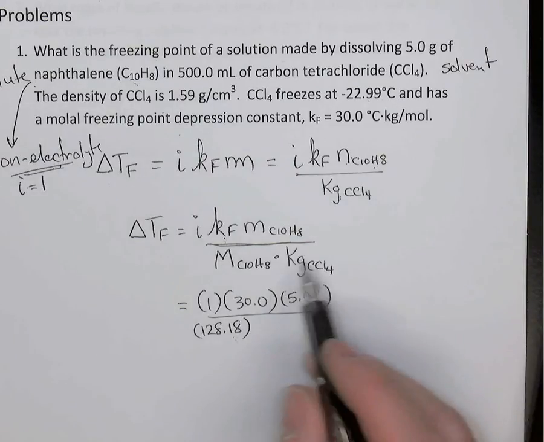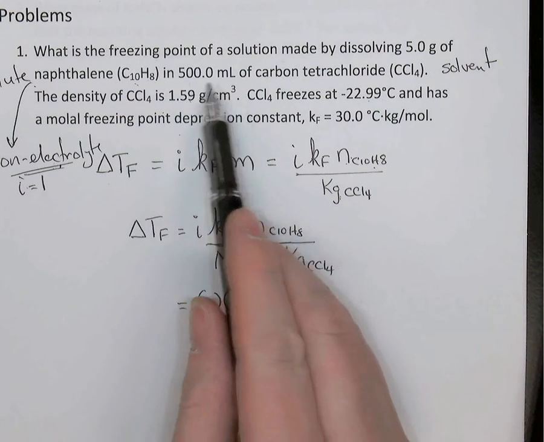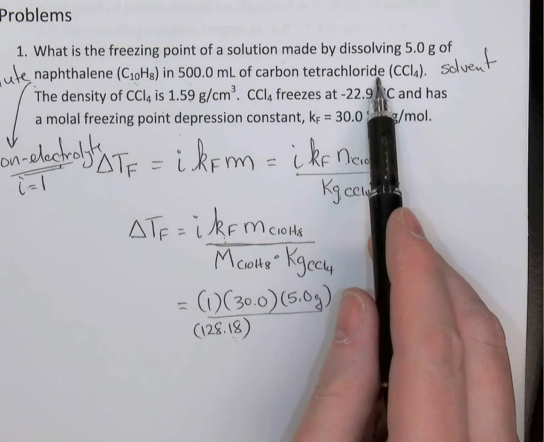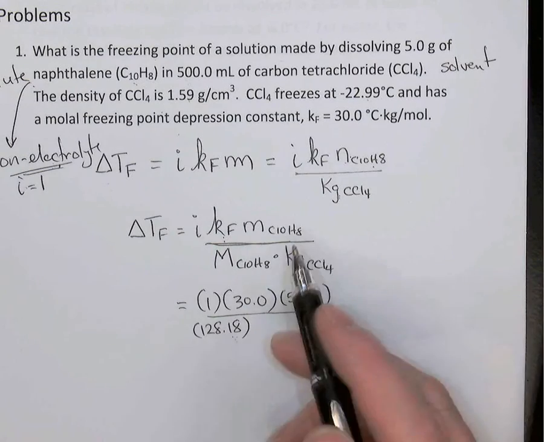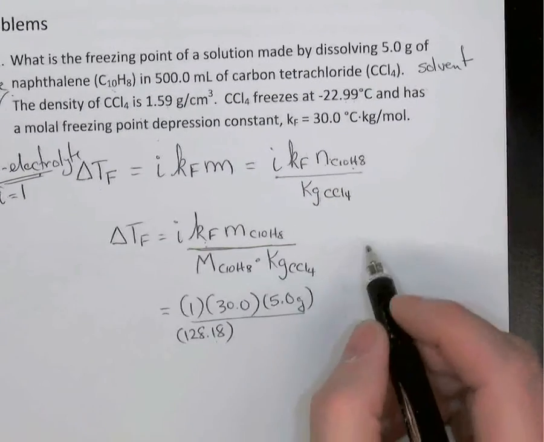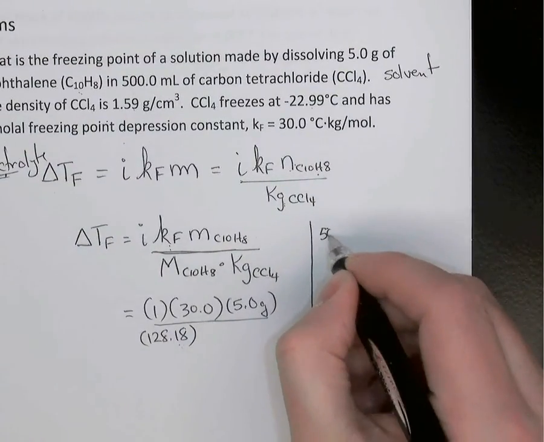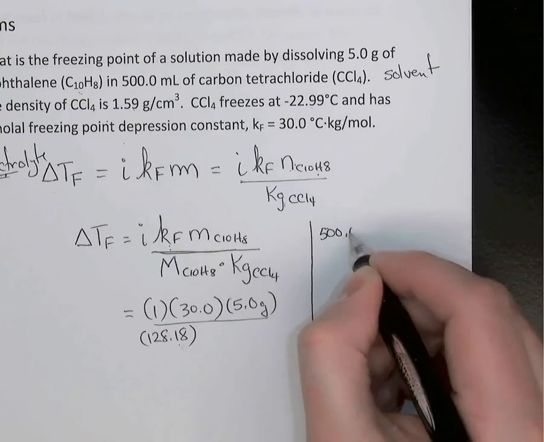And then the kilograms of the carbon tetrachloride, kilograms of solvent. The question said we had 500 milliliters of carbon tetrachloride. That's not kilograms, but we know the density, so we could just do a little grade 9 math calculation. I'll do that here on the side. We have 500 milliliters.